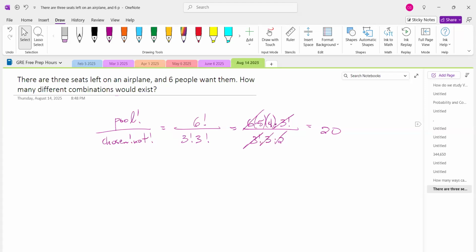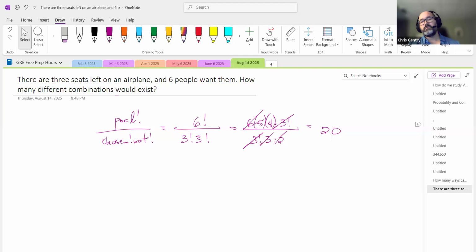I thought, basically, if there are 6 people, and one of them takes a seat, that's 6 seats, and then there are 5 people left for the second seat, and 4 people for the third seat, and I multiplied that. And that is the same math as what Ethan put in the chat, 6 factorial divided by 3 factorial.